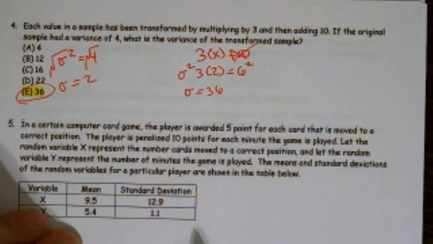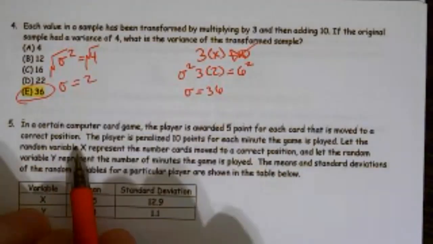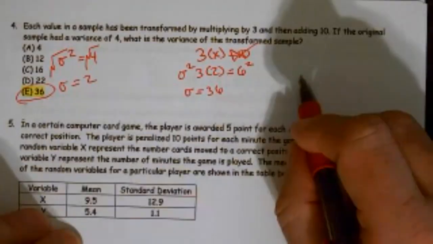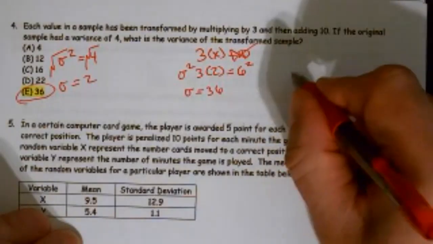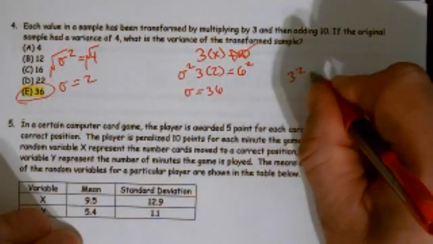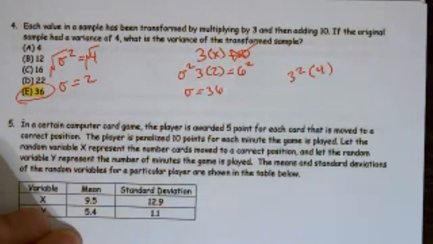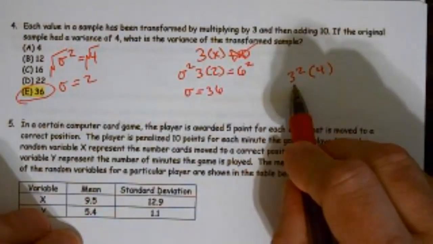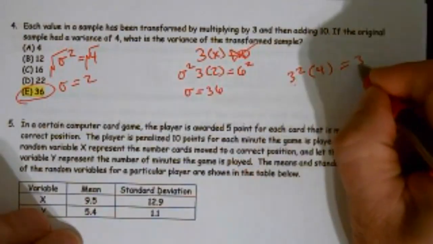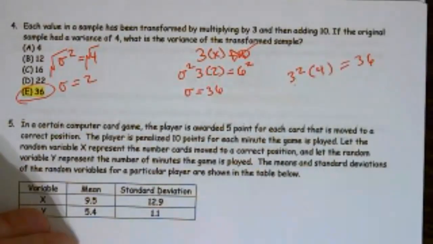We multiply measures of center and measures of spread by the constant, except for variance. With a variance, we have to multiply by the constant squared. So if I went 3 squared times the original 4, that was the variance, I get 9 times 4, and that also equals 36. So there are 2 ways to approach that.